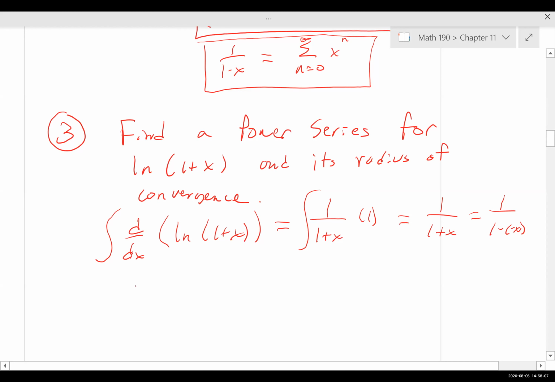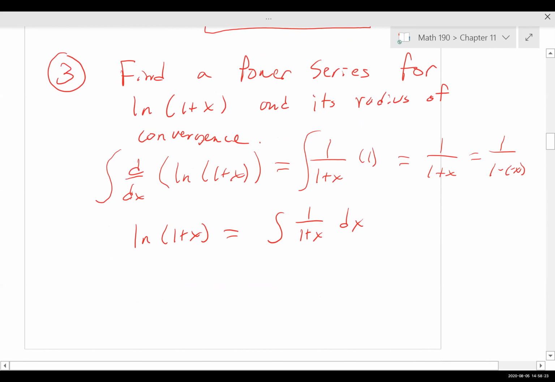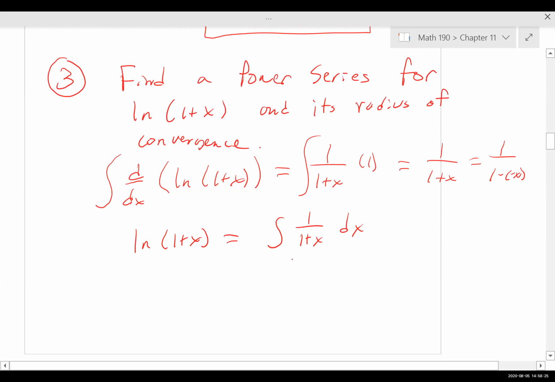So I would say that the natural log of 1 plus x is equal to the integral of 1 over 1 plus x dx. And I could look at the power series for this and then integrate term by term. Okay, let's get a power series for this.